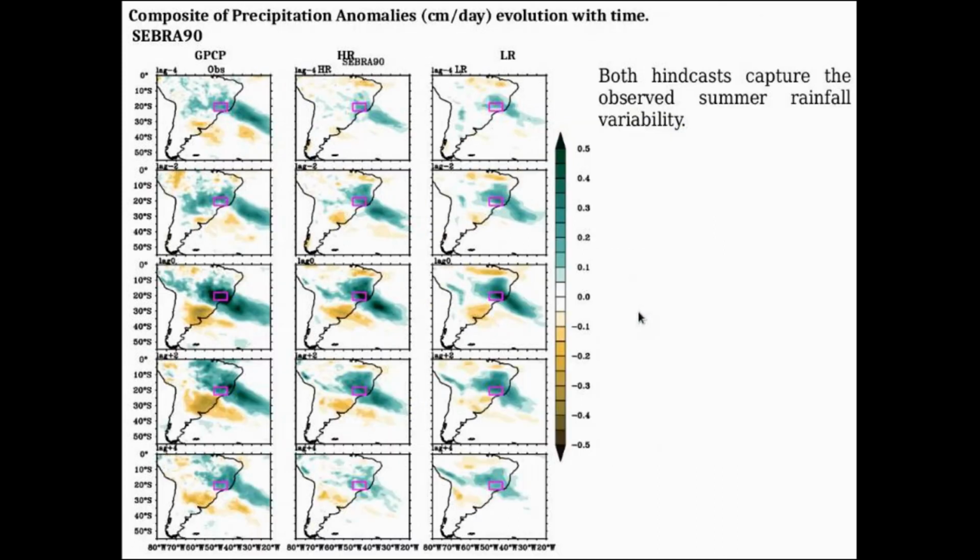Now here I showed the evolution of this event. I prepared a lead-lag composite where zero lag is the event where the precipitation is more than the 90th percentile, and then I prepared the composite from lag -4 to lag +4. The left panel is the GPCP, then I showed the high resolution, and the rightmost panel is the low resolution.